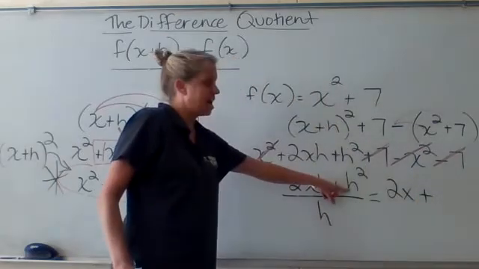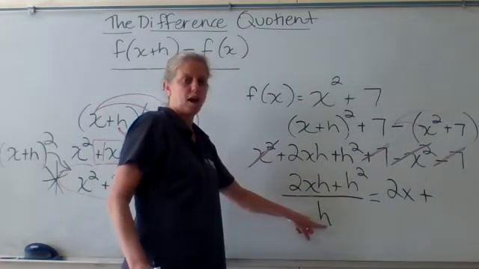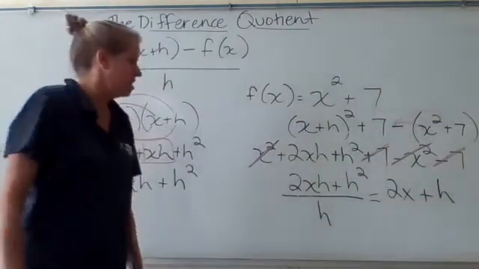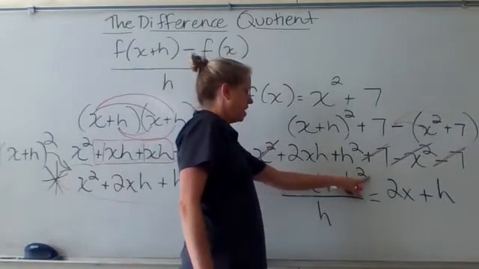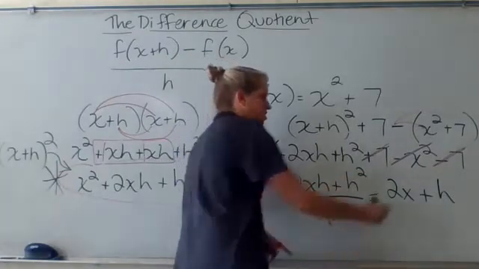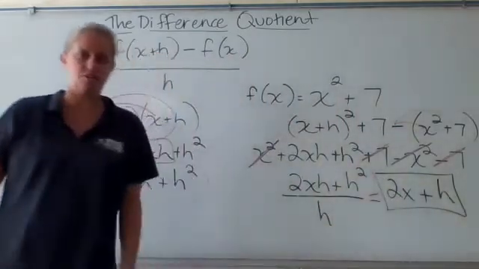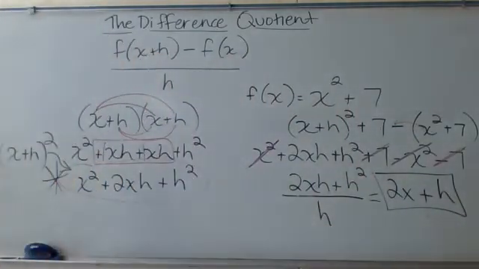plus, if I pull an h out of h squared, what is left? An h would be left, right? So this right here, if I had h squared, but I pulled one of the h's out, I still have an h left. So that is your answer, 2x plus h.